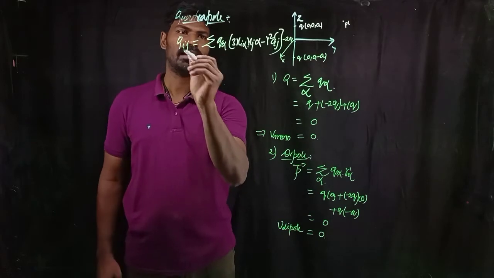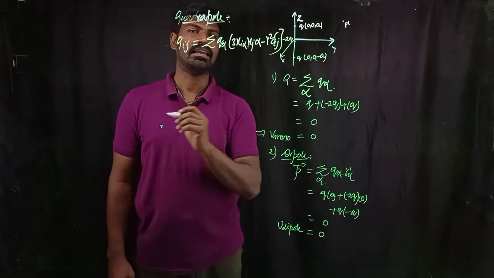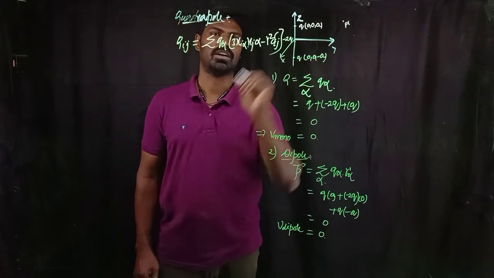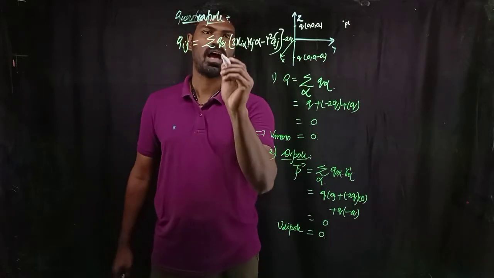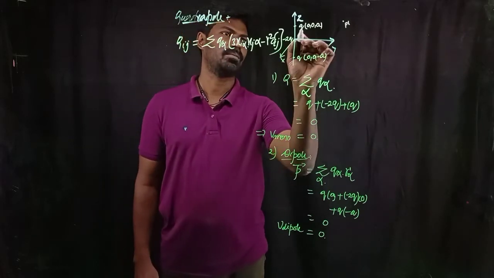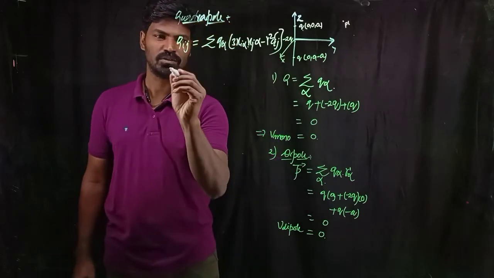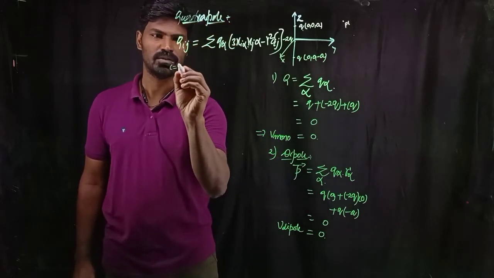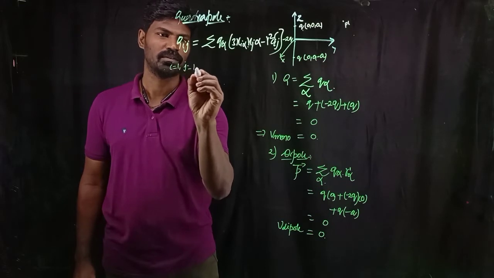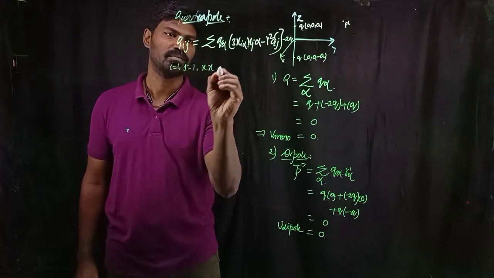What are these i and j? I and j are indices of the coordinates of the charge. For example, if you take alpha equal to 1, that means this charge. And what does ij represent? When i is equal to 1 and j is equal to 1, it represents the xx term.